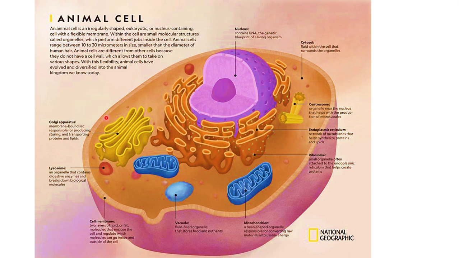So the animal cell, it is a most complex one, what we have already discussed about. So it contains a well-defined and the confined nucleus that contains the genetic material, that is the blueprint of a living organism.